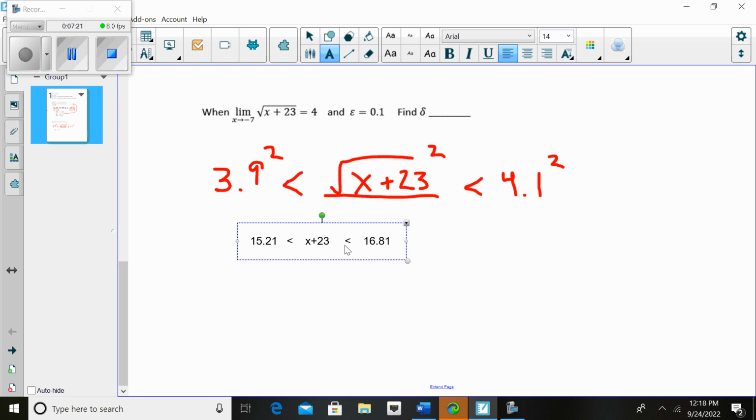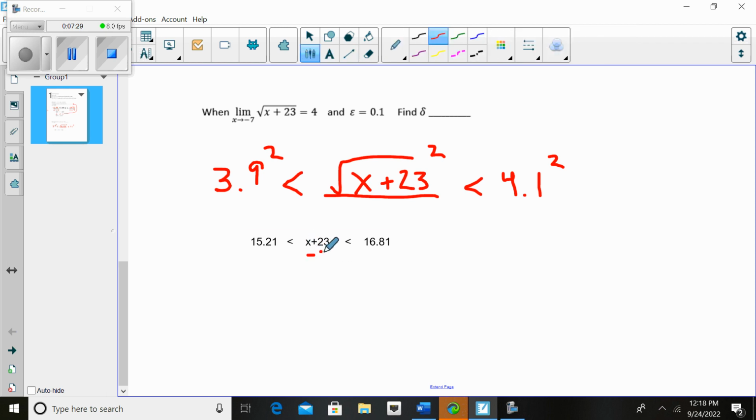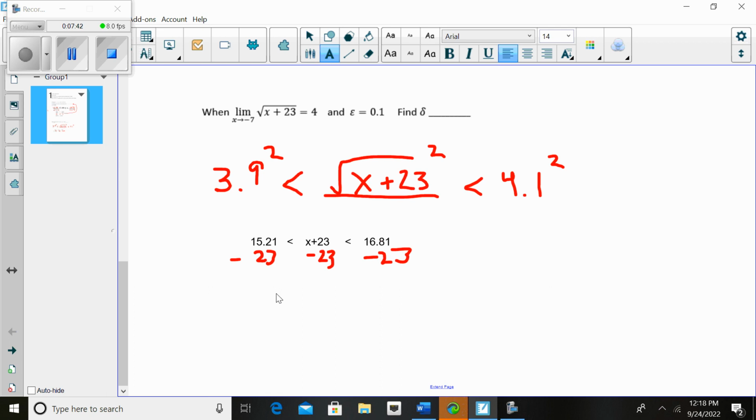16.81. Okay, so to get x alone, I have to subtract 23 from all 3 sides, and I know I'm looking for values that are close to -7. So I'm going to have some negative values here. Right? So after subtracting 23 from all 3 sides, I get -7.79 is less than x is less than -6.19.